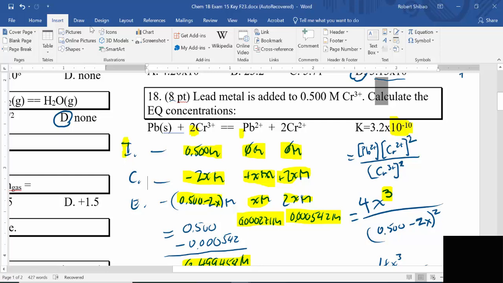This is good. We're just going to leave it as is. I'm not going to reset to the right because this is going to favor reactants. If it favors reactants, then we expect the change to be small. So 2x should be small, x should be small, and 2x should be small. And so we're going to have 0.500 minus 2x, and x, and 2x molar. And then we're going to solve for x. Actually, to solve for x, we plug it into the K expression here.